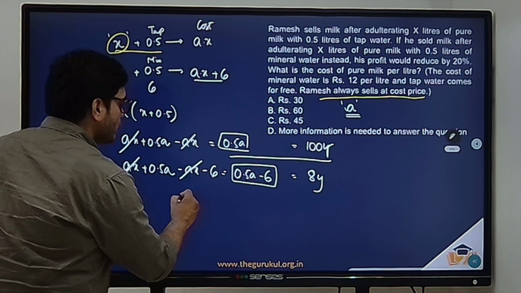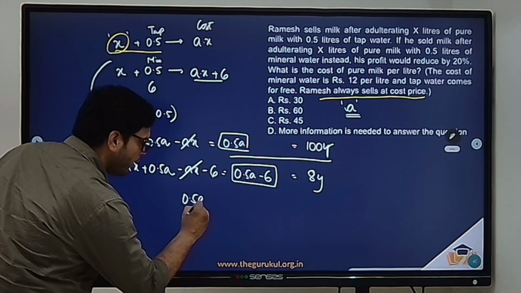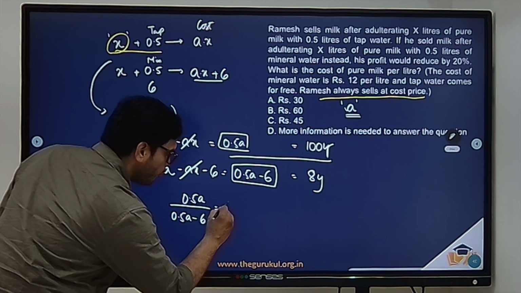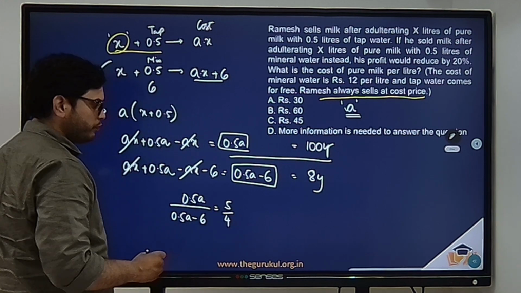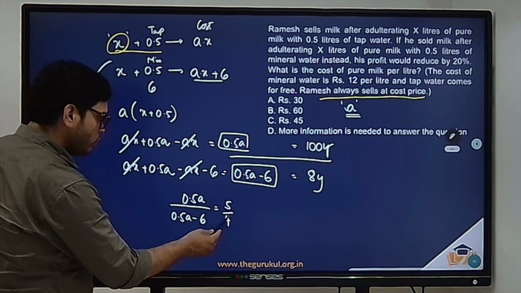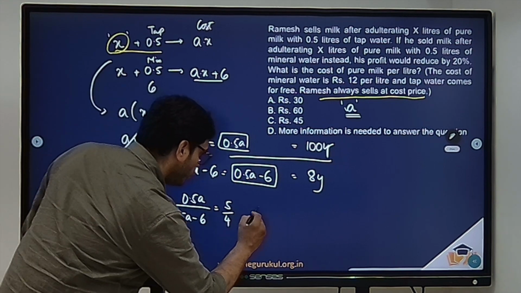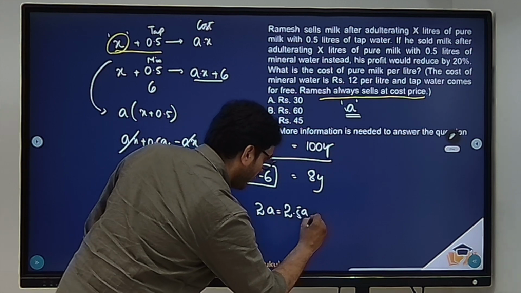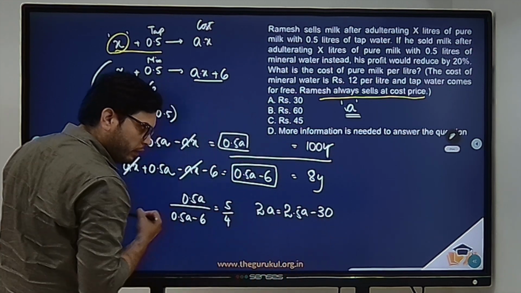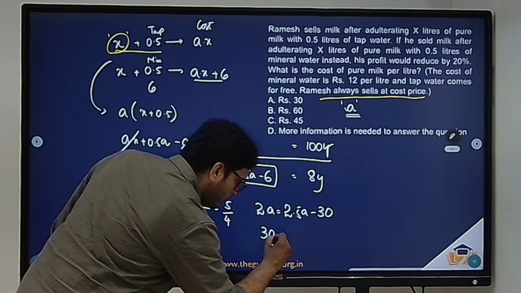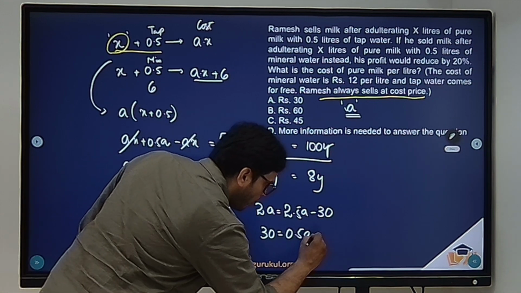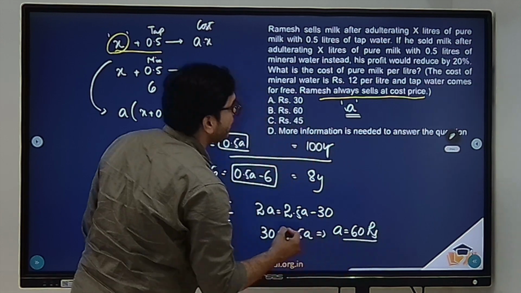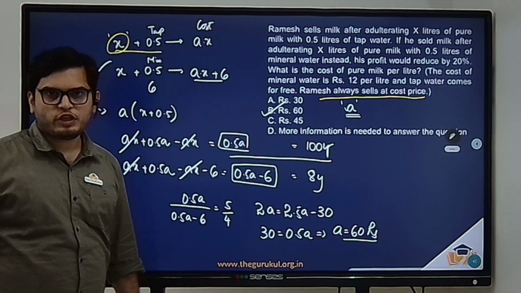So 0.5A by 0.5A minus 6 should be 5/4. So this should be 2A is equal to 2.5A minus 30. Now sending 30 to the left hand side, 30 is equal to 0.5A, or A is equal to 60 rupees. So the answer for this question should be option B.